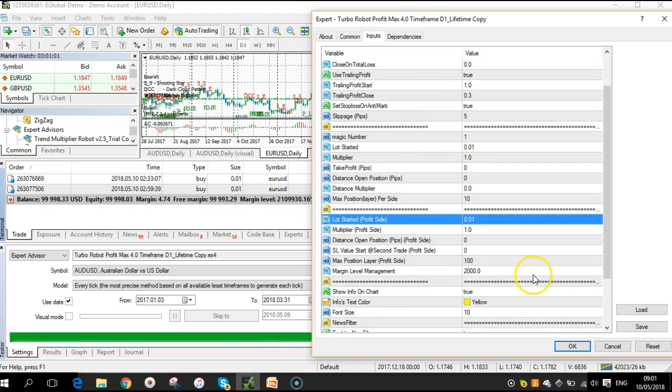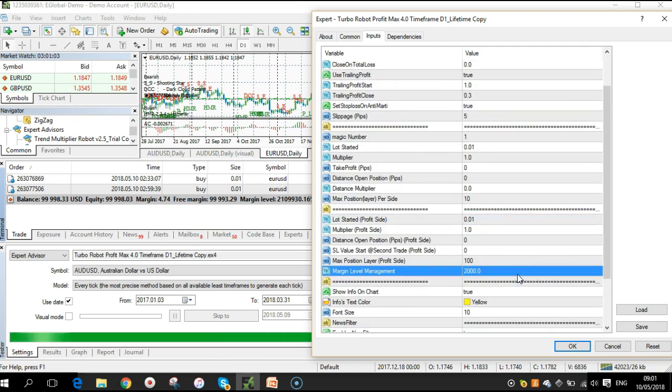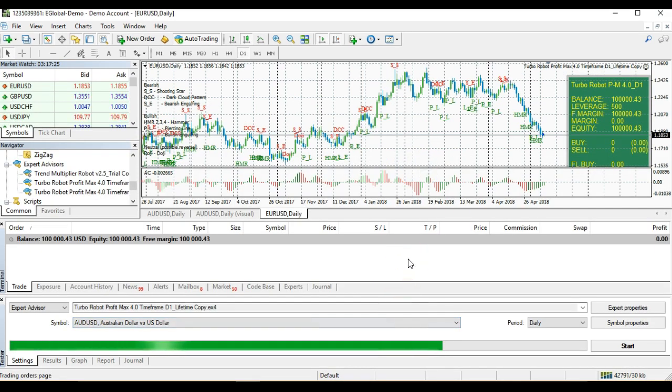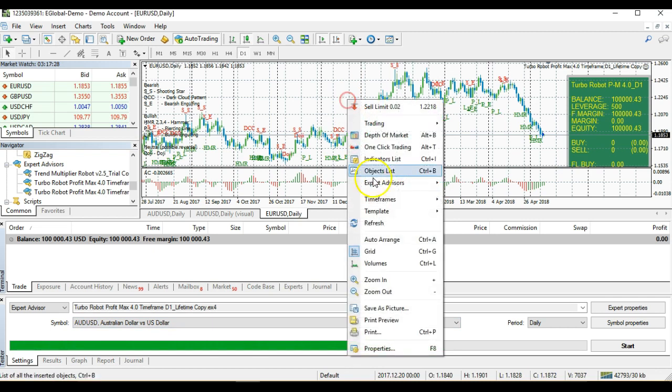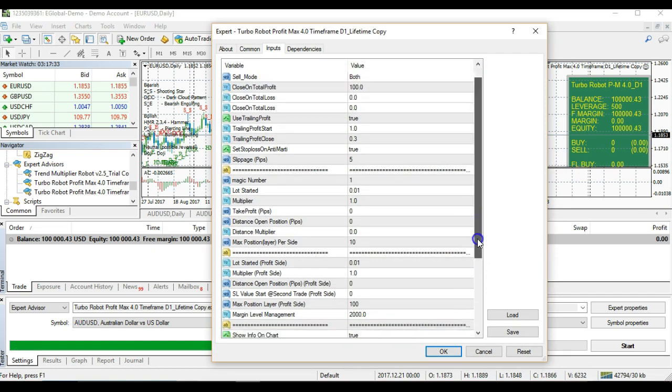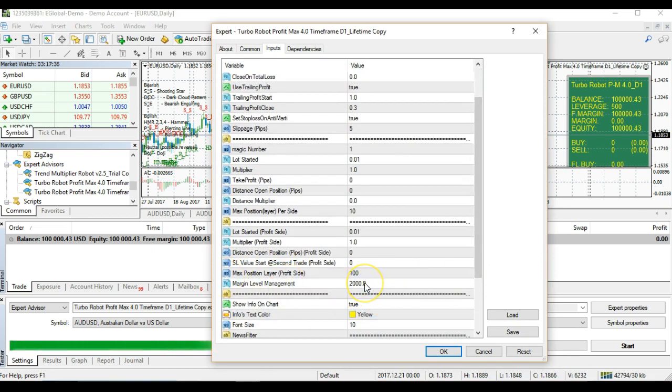I leave that 2,000% in my account to save it if the market keeps dropping. Or, if you are opening a lot of currency pairs and your account has high margin, you can add more currency pairs. This is the portion where you can control your margin level management. 2,000 is good enough for me. I have tried it.